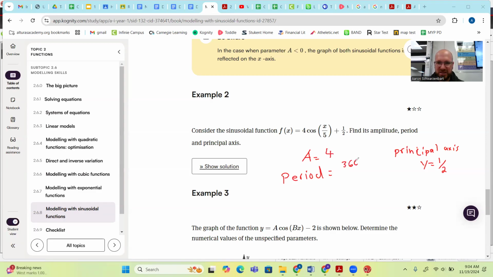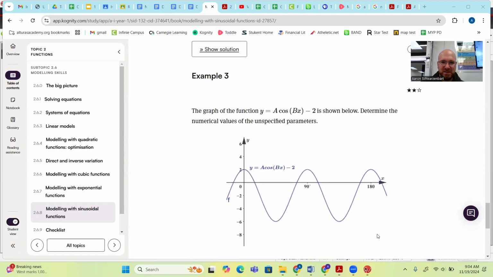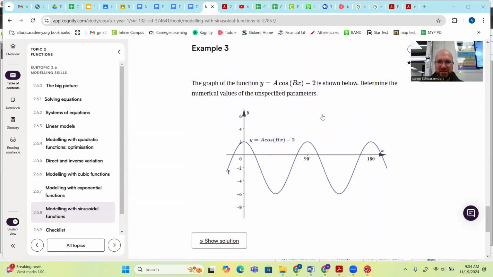Period: 360 over, that's x over 5, so b is 1/5. 5 times 360 is 1800. And those are my values.